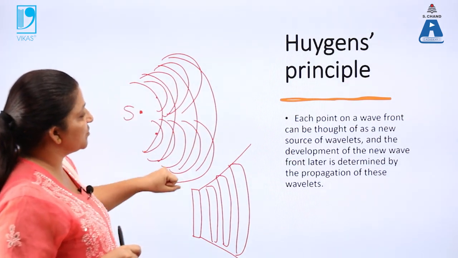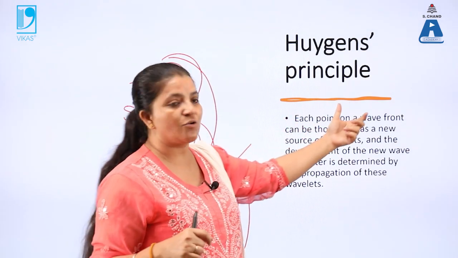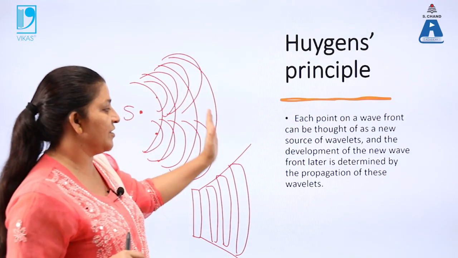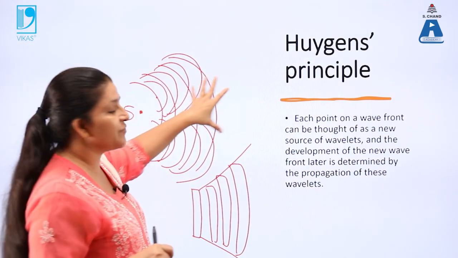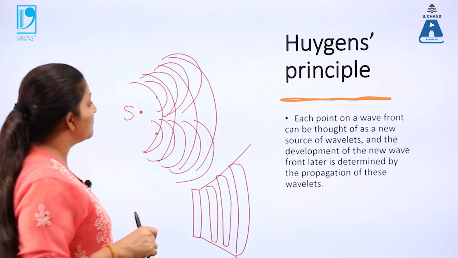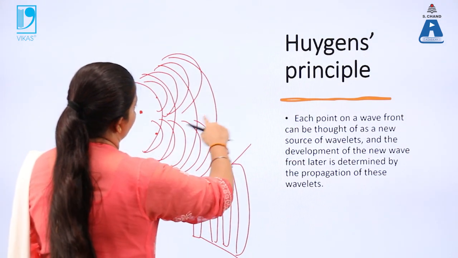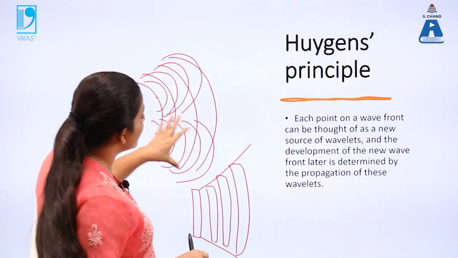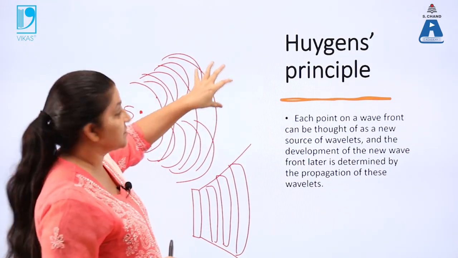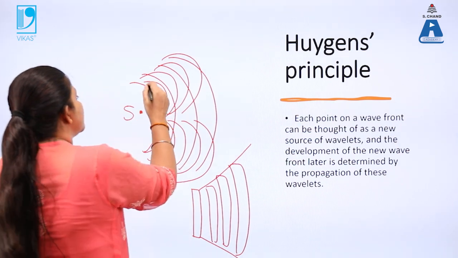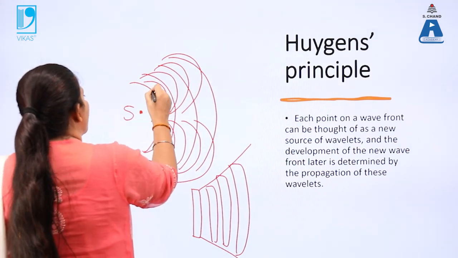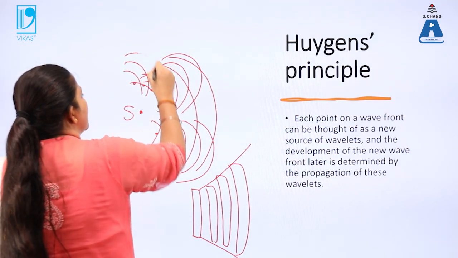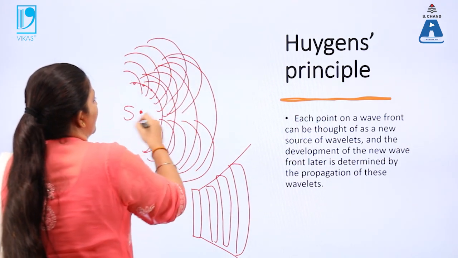According to Huygens principle, each point on the wavefront will act as a new source of wavelets, and those wavelets will propagate in space and represent the propagation of light. The wavefront is a combination of multiple points, and each point will act as the source of a wavelet.